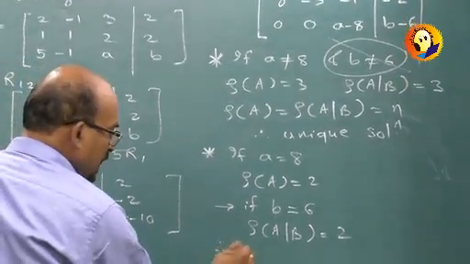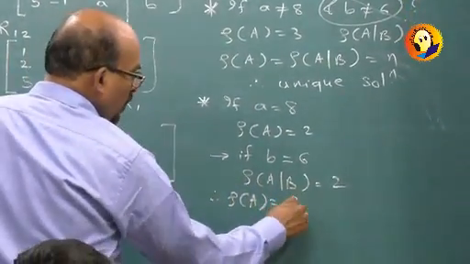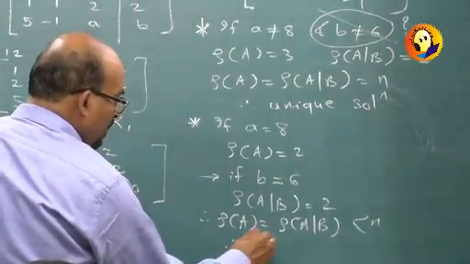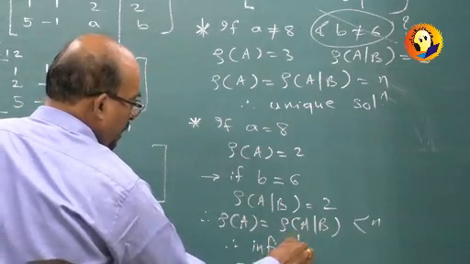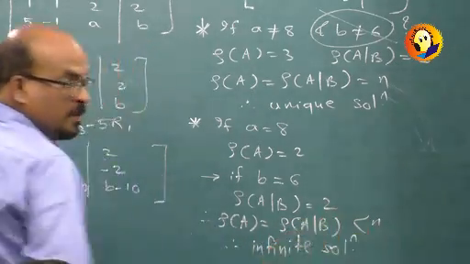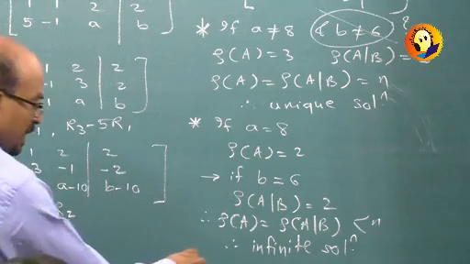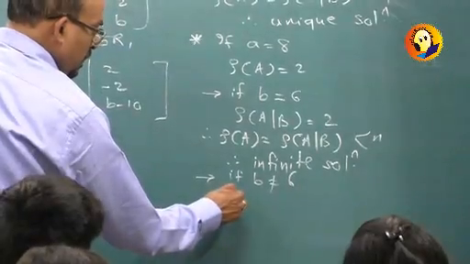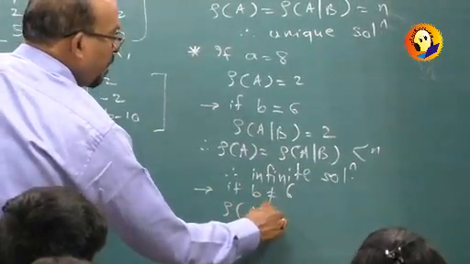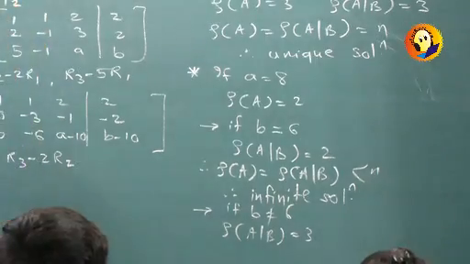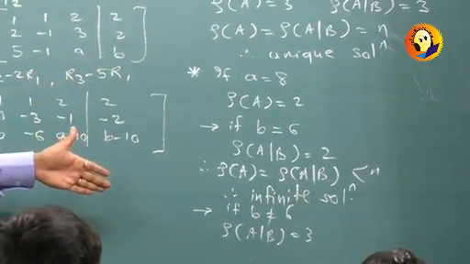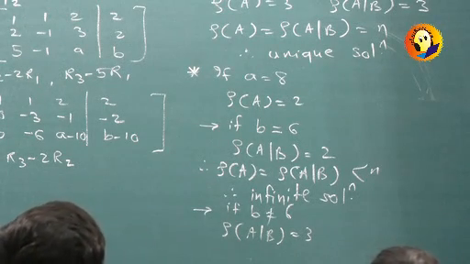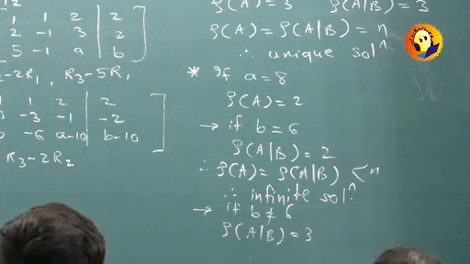And we will have the case that rank of A equals rank of AB, which is less than number of unknowns, therefore infinite solutions. Right? And the second case, if b is not equal to 6, then rank of AB will be 3. And as rank of A is not equal to rank of AB, there will be no solution. Got it? And we don't have to solve. It is just to investigate.